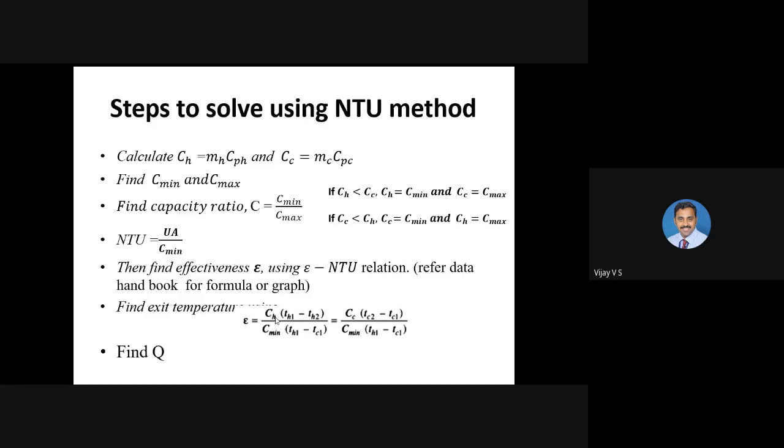Suppose CH is C minimum, use the first formula, so CH and C minimum get cancelled, and you can find out the temperature. Suppose CC is C minimum, you can use the second formula. And finally find out the heat transfer rate using this formula, CH into TH1 minus TH2 or CC into TC2 minus TC1. Okay, so this is about the important formulas.